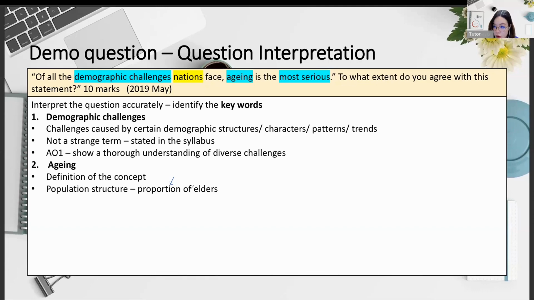For example, for aging, there shouldn't be a specific percentage of population that defines aging. Just don't write something like that in your essay. Don't make something that is conceptually wrong.